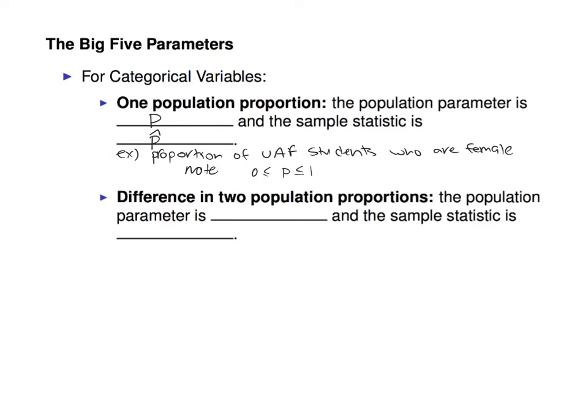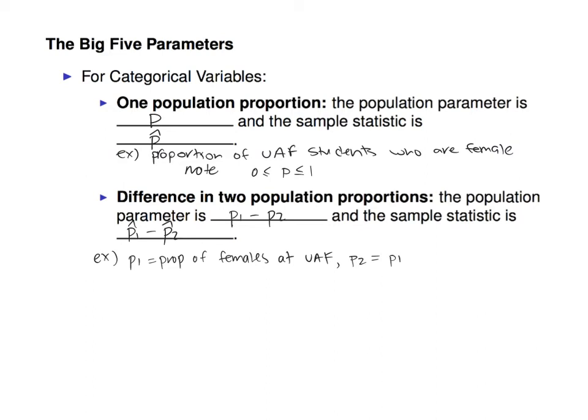Two, a difference in 2 population proportions. The population parameter is P1 minus P2, and the sample statistic is P1 hat minus P2 hat. So, for example, suppose P1 was the proportion of females at UAF.